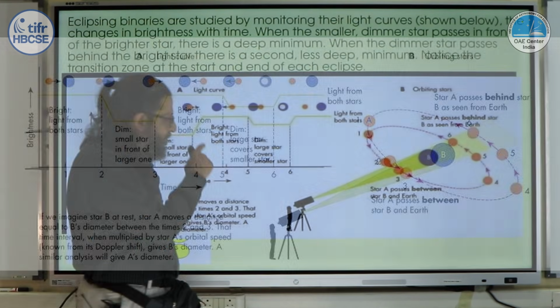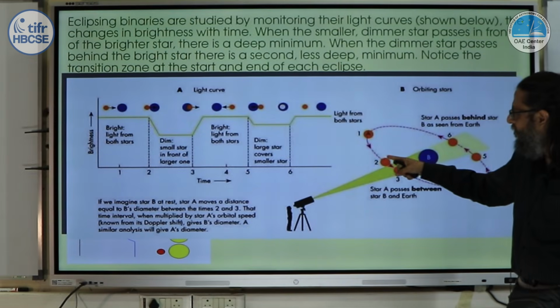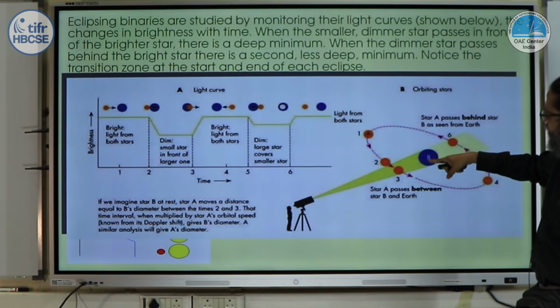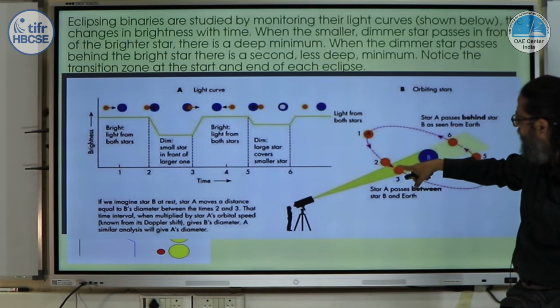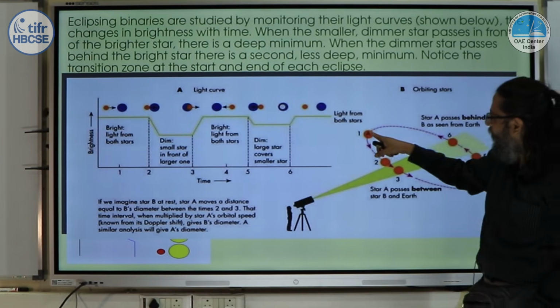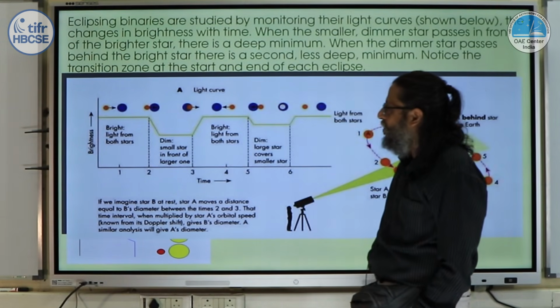Okay, this is the figure of exactly the same thing, but giving a slightly more detailed view. Okay, so look at this star system that you have out here. This is your blue type B star, okay? And this is a star A, this is a star B, okay? One corresponds to this region where the bright light from both the stars are there.